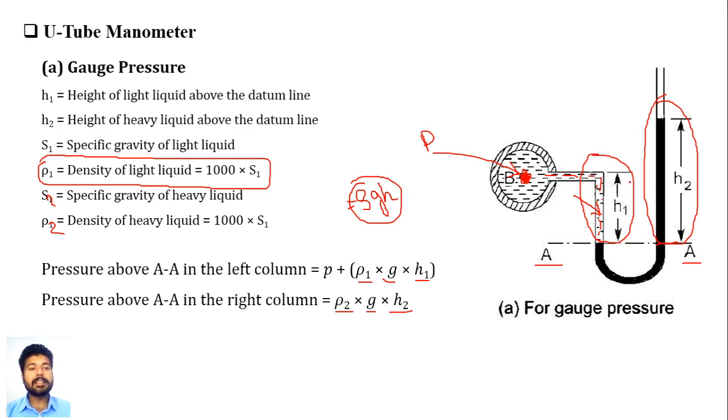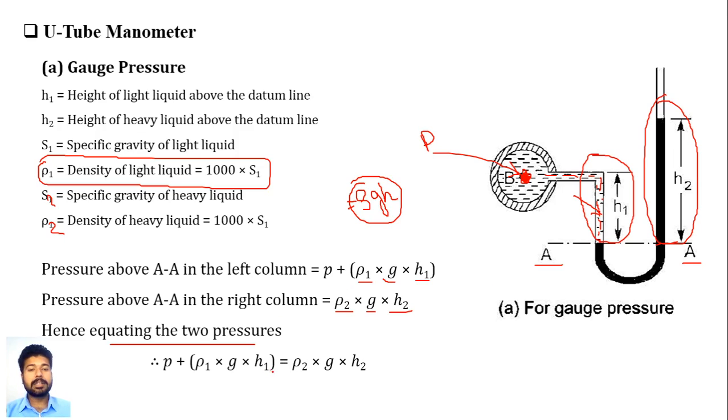So let's equate these two pressures above the datum line AA. This is equation number 1 and this is equation number 2. By equating them, P plus rho 1 g h1 equals rho 2 into g into h2.